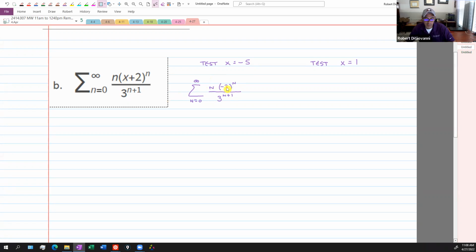Now notice I have a base of 3 on both of these, right? So watch what I do. I'm going to take the one on top and rewrite that as -1 to the n times 3 to the n. That's just properties of exponents that I can split the -3 into -1 times 3 and then break it apart into 2 pieces. And on the bottom, I'm going to rewrite the 3 to the n plus 1 as 3 to the n times 3. The whole purpose of that was to get these to go away.